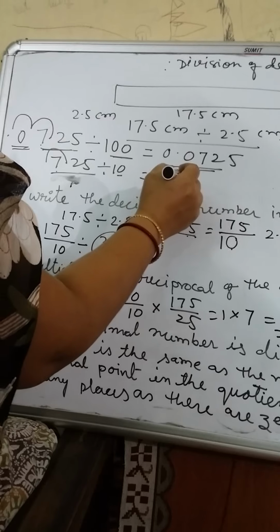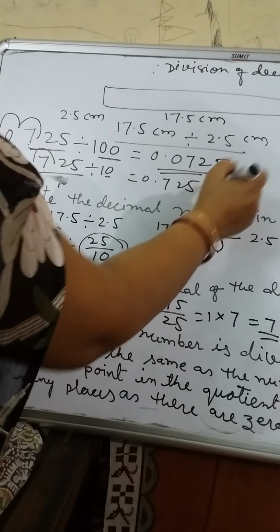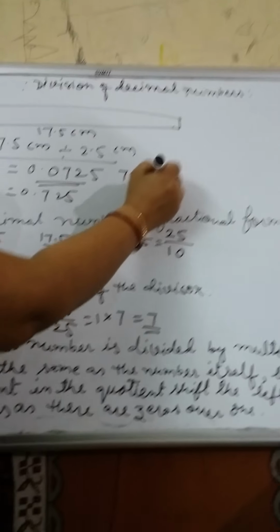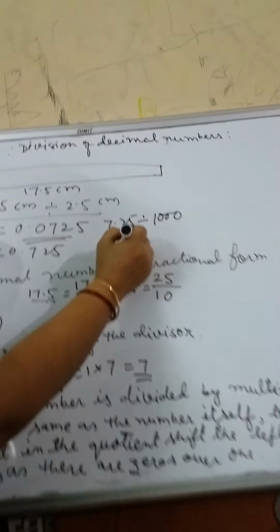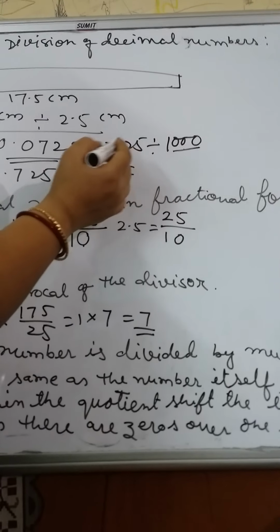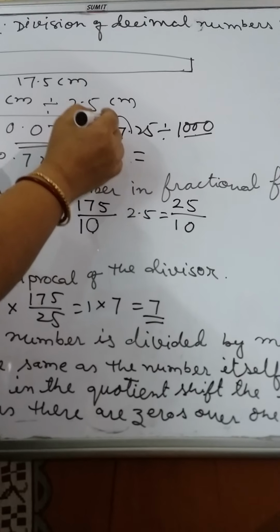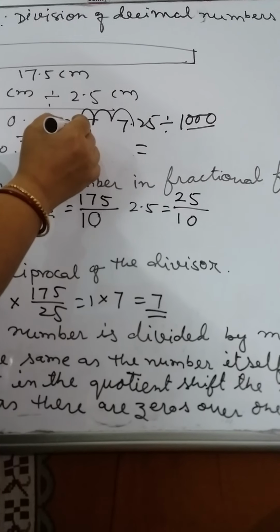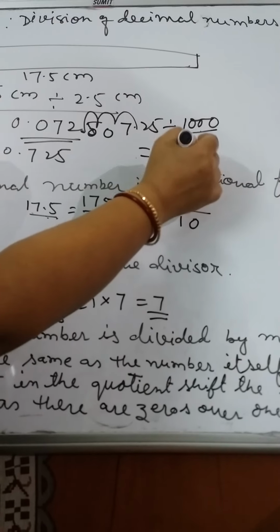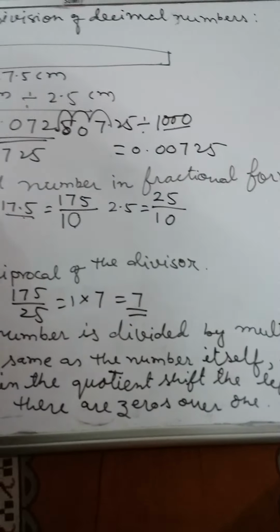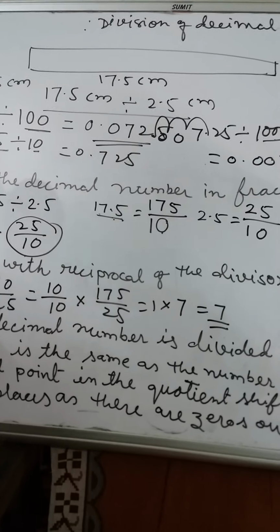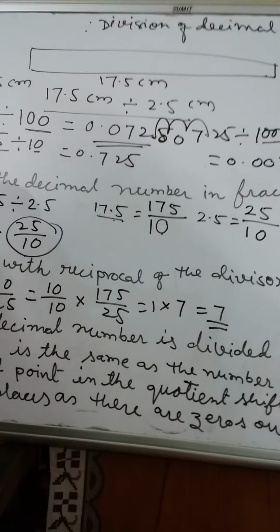Now when I divide 7.25 by 1000, how many places will the decimal shift towards the left? 3 places: 1, 2, 3. This is a very easy way to divide a number by a multiple of 10.